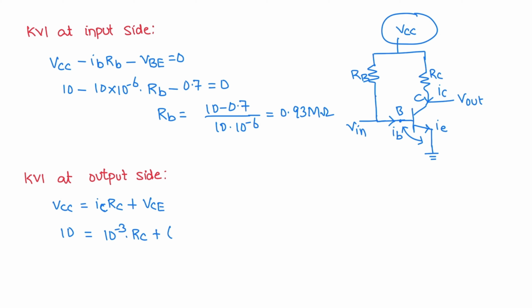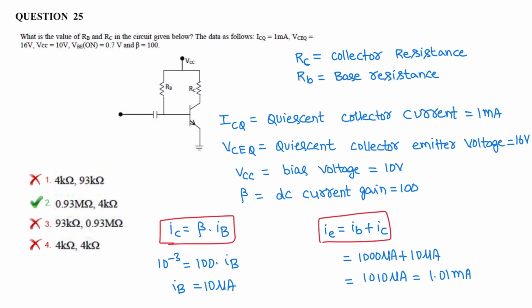VCE value is 6 volts. So RC is (10 minus 6) by 10 power minus 3. Now RC is 4 kilo ohms. So the correct answer is option 2, 0.93 mega ohms, 4 kilo ohms.